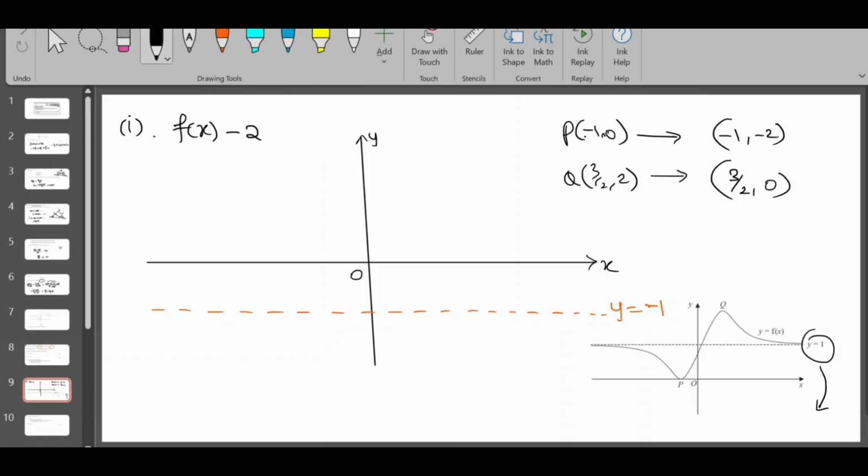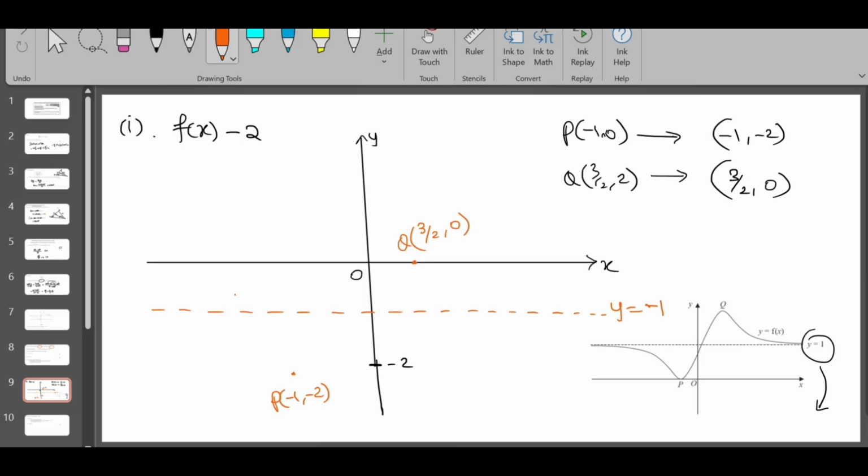It's better to mark these points first. Q of 3 over 2, 0. And then P of minus 1, minus 2. Let's say it's in here, minus 1 comma minus 2. We can extend this line and just write it as minus 2.